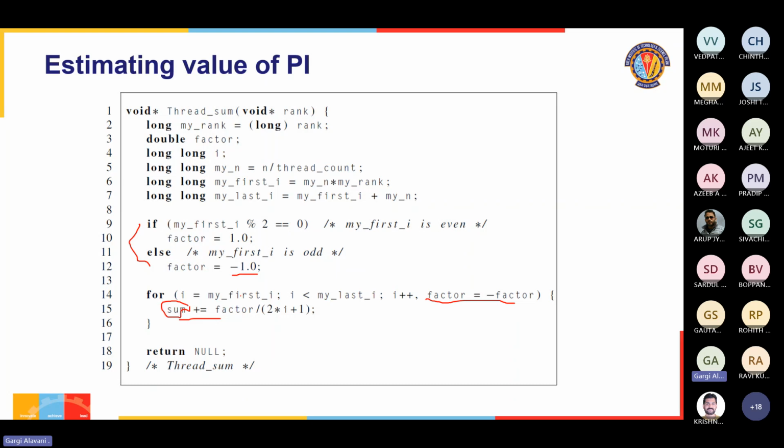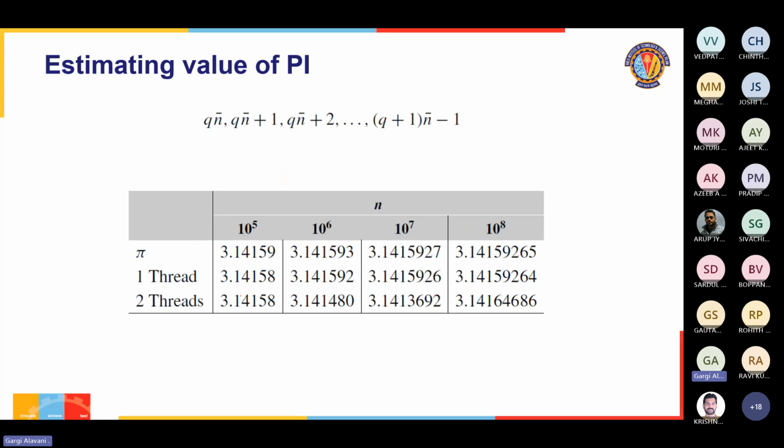So moving on, let's say we implement this and execute this code, and we see that thread zero can add the first 10 elements, and thread one will add the next 10 elements, and so on.